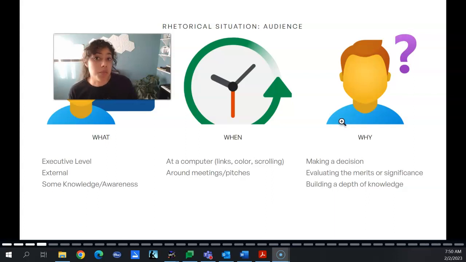So again, if it's a proposal, the decision is, do we do the thing that you're proposing? But it could also be more of a recommendation report. You're like, I did all this research. Here's some solutions. Here's maybe what I would recommend. They read it and they say, oh yeah, I agree with that recommendation, or maybe they tweak it, go in a different direction.